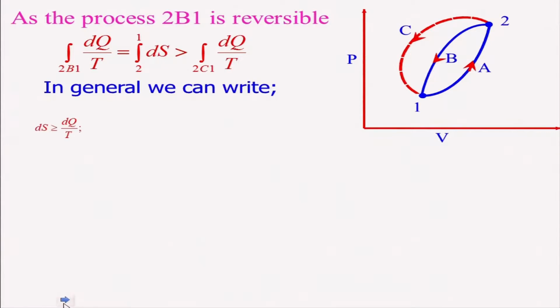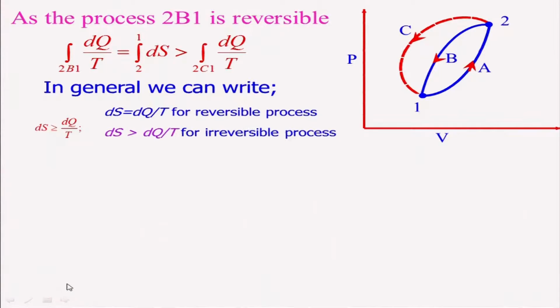In general, we can write that the change in entropy is greater than dq by T for an irreversible cycle or irreversible process, and equal to dq by T for the reversible process. So this is a generalized equation: ds is equal to dq by T for the reversible process, and the change in entropy is greater than dq by T for an irreversible process.